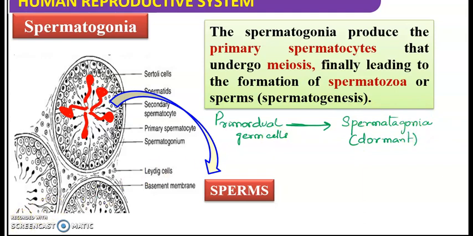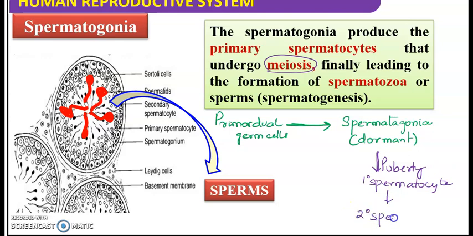But they will become active in the later stages, after hitting puberty. After they hit puberty, there will be the process of spermatogenesis, which starts with mitosis and meiosis. So what happens? First, the spermatogonia undergo various stages of spermatogenesis to form the primary spermatocyte. This is in order of maturity. Then they form the secondary spermatocyte.